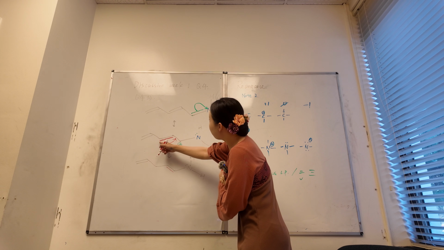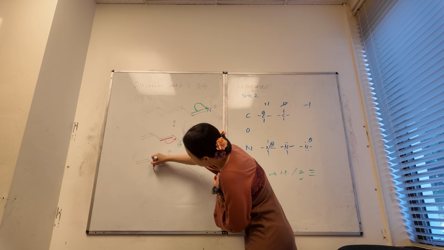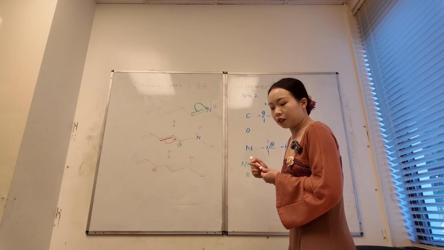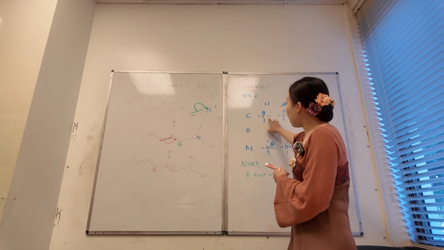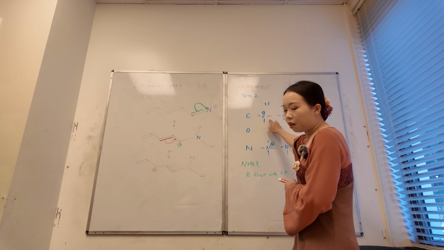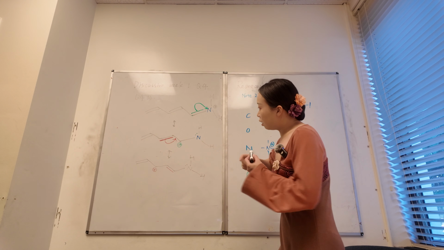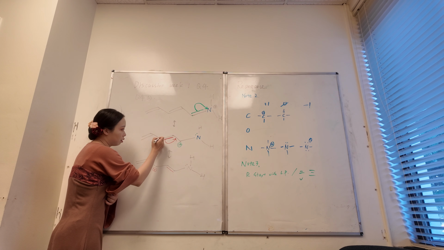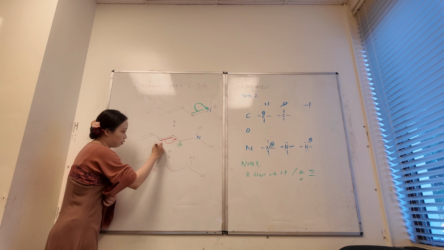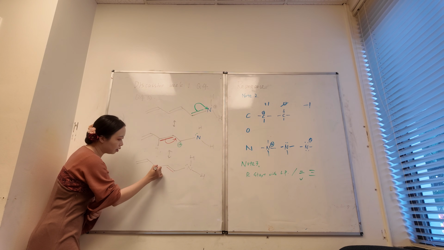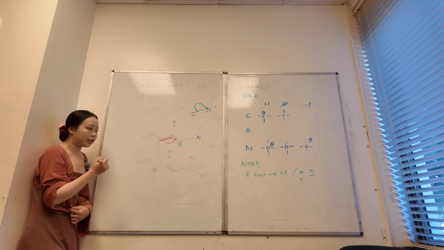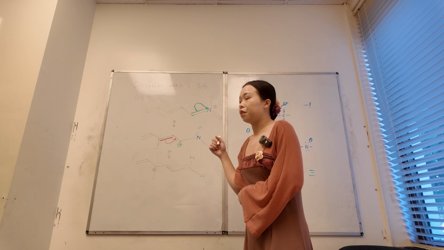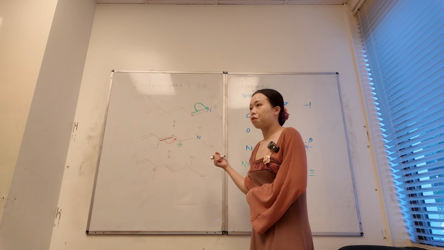Since I have this one leaving, it should form a positive on this carbon. You're going to ask, didn't you say carbon is happy with plus 1 when bound to 3 different things? There is a hydrogen that I just did not draw out. So carbon in this way is bound with 3 different things and is happy with 1 positive charge.